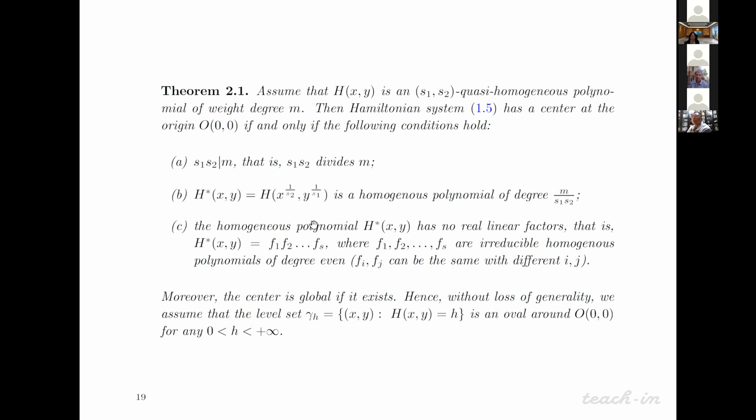If the function H(x,y) is an (S1, S2) quasi-homogeneous polynomial of weight degree m, then the Hamiltonian system has a center at the origin if and only if the following conditions hold. The first is that the integral of x^(S1) y^(S2) divided by m, you can get the integral.